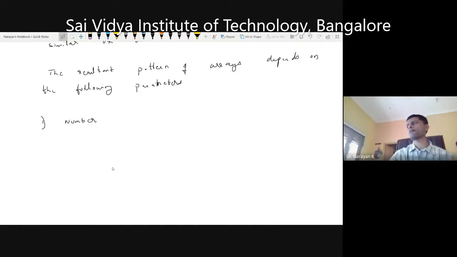Your resultant pattern of the array means what will be the radiation pattern of the array. If you have more than one point source or antenna in an array, what is the resultant pattern of the array? See, all of you are students of this class. One student may get higher marks, one an average mark, and one slightly lesser marks. So the resultant effect of the class will take the average of that. Similarly, if you have many antennas, each antenna will not act independently in your point source.